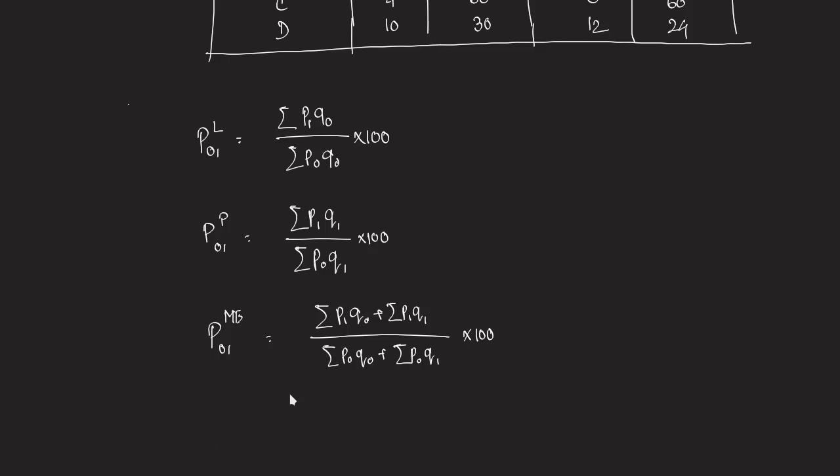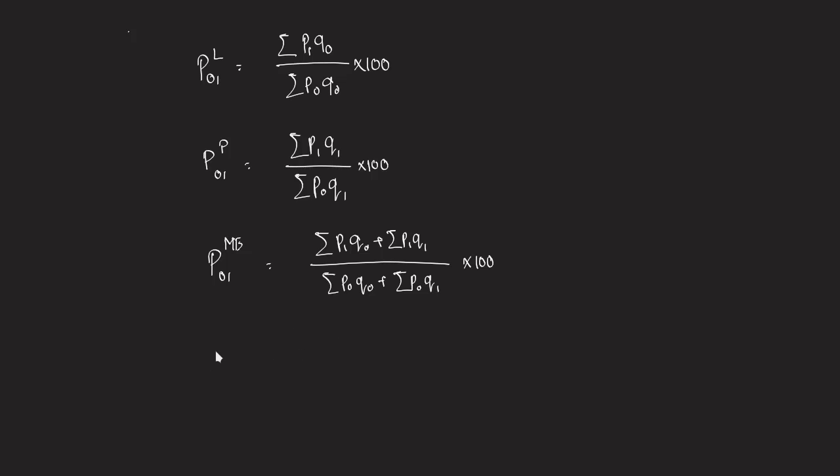And last is the price index for Fisher, that is the square root of summation P1 Q0 by summation P0 Q0 into summation P1 Q1 by summation P0 Q1, into 100.